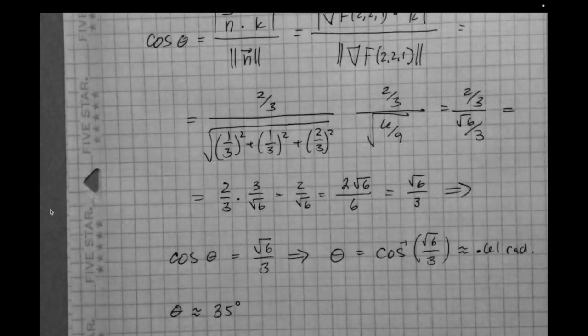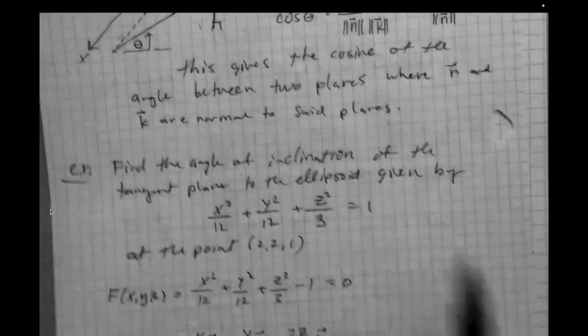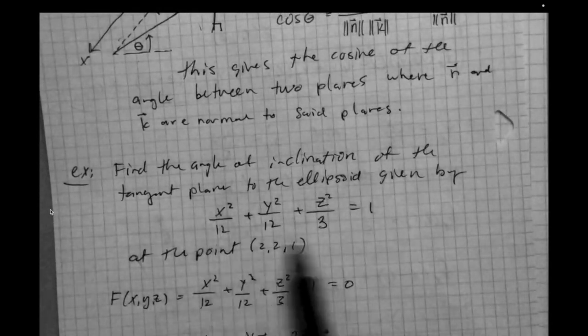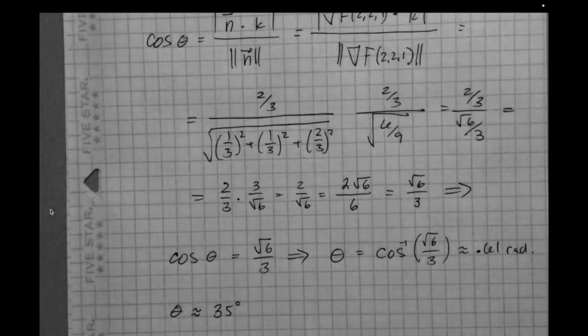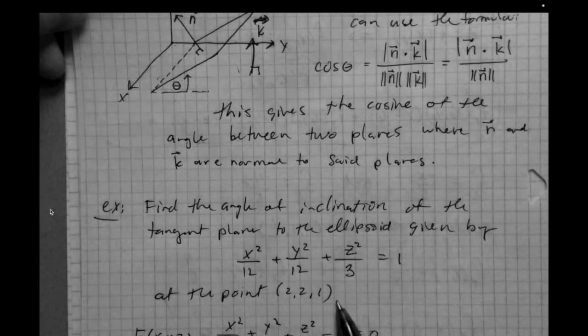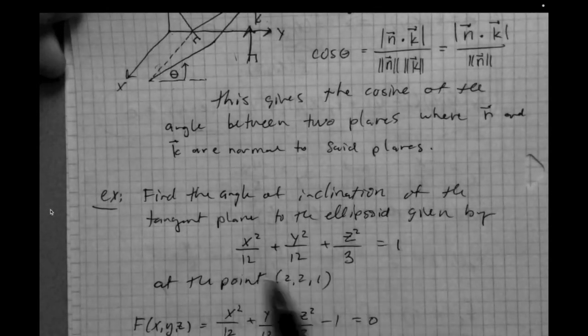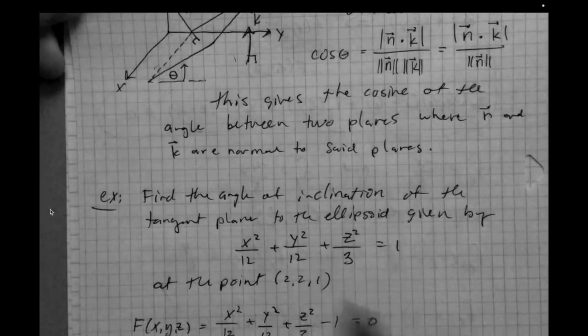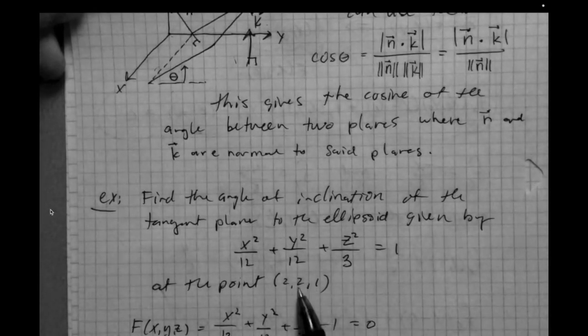Okay, so that means the surface that's given by this equation right here has a tangent plane at this point.